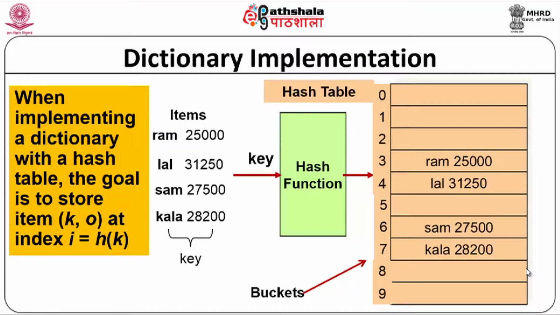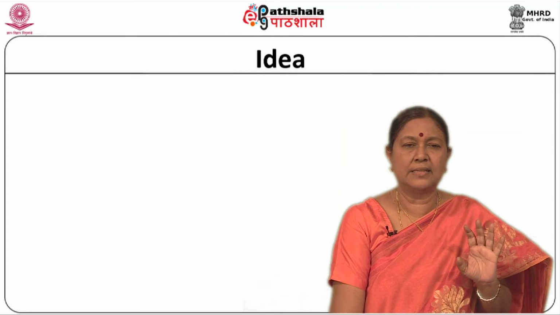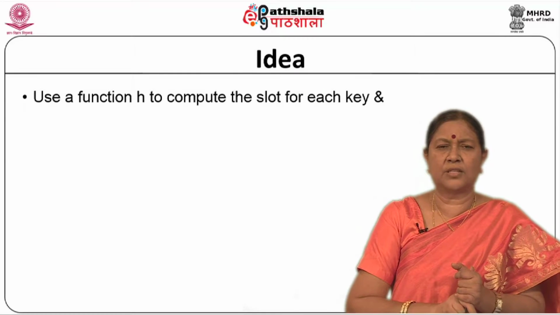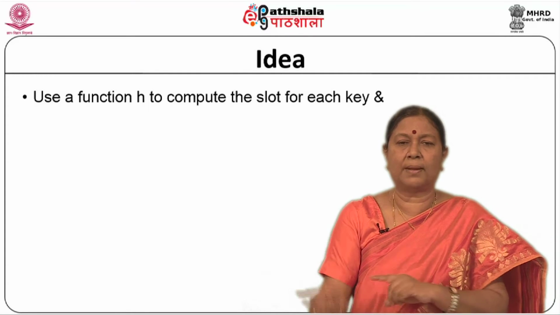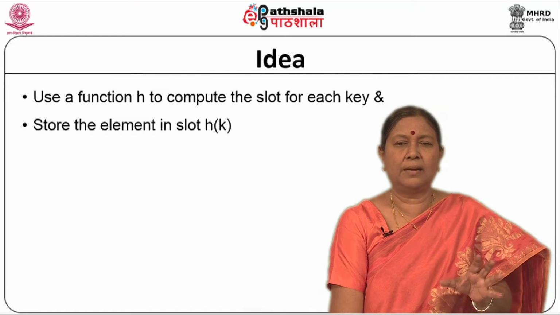So, this is the hashing that has happened. Remember, you have an object, associated with that object you have a key, and then you apply a hash function to the key to get the index into the hash table. The index of the hash table is normally called a bucket, so the size of the hash table is the number of buckets. How the hash function does this, we have not yet explained. Now, the idea is to use a function h to compute the slot for each key, and store the element in that particular slot.